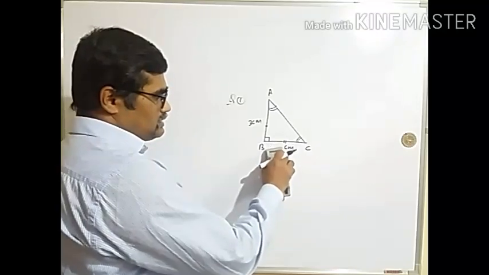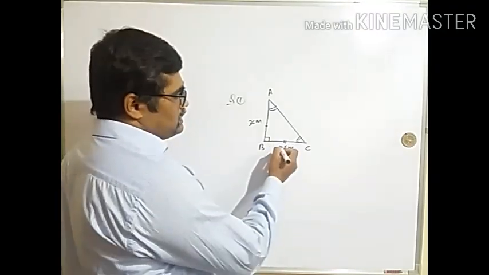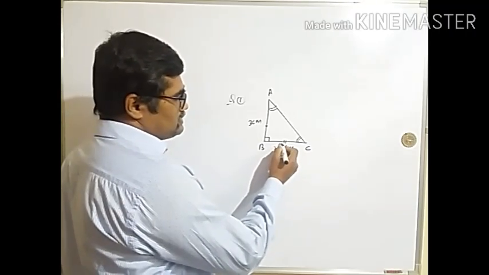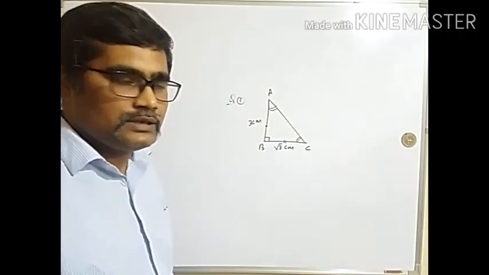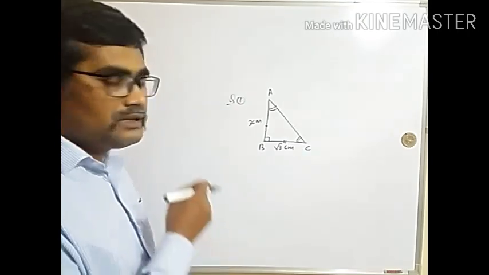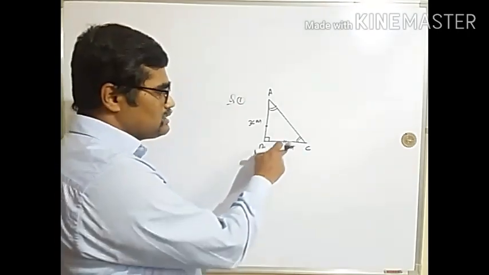But suppose this problem is written like this: say this side is root 3, and they are asking you to find the measurement of the angle C. This time you will not be able to tell that these angles are equal.